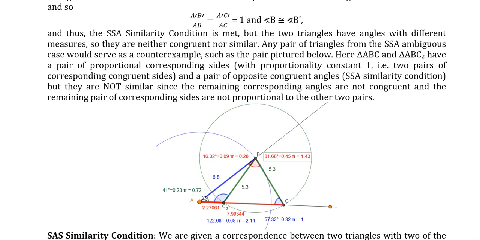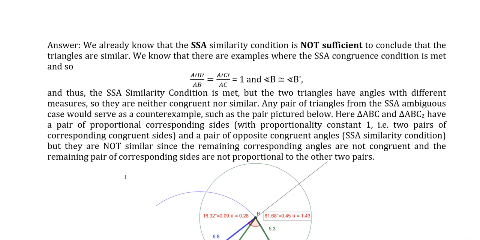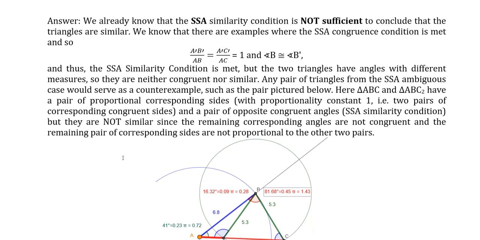This side is congruent to itself, and this one and this one are congruent, so it meets this proportionality setup, and yet those triangles definitely are not similar to each other. All the other angles, for example the angle at C2 and the one at C, are different. The two angles at B are different, and the sides are not proportional down here. So it doesn't meet any of the other conditions. So we can strike out SSA as a possibility. Just throw that one away, just like we did for congruent triangles.